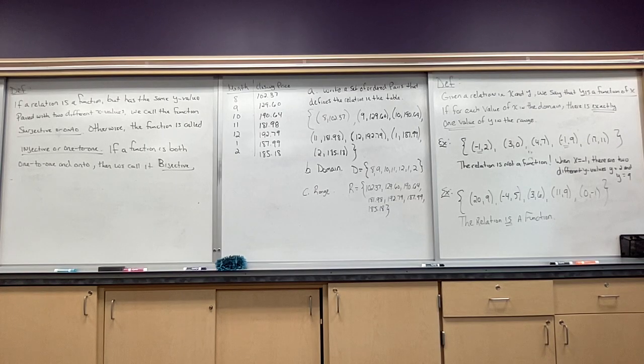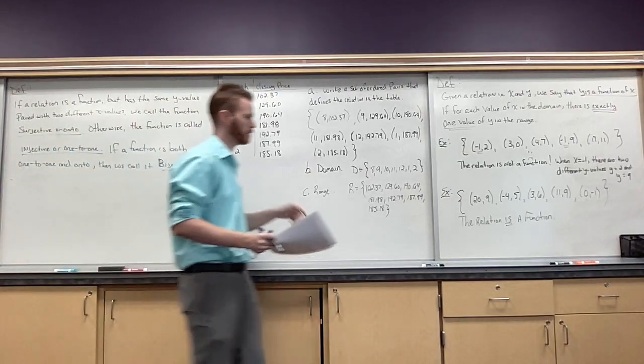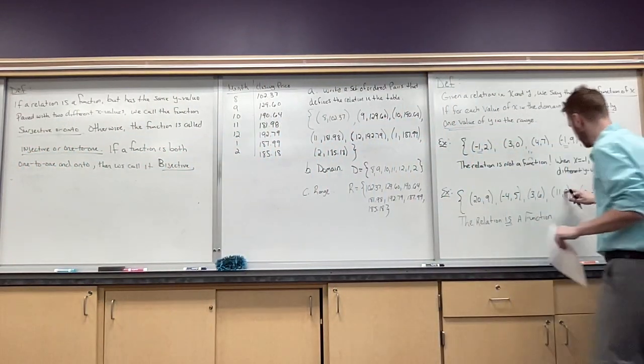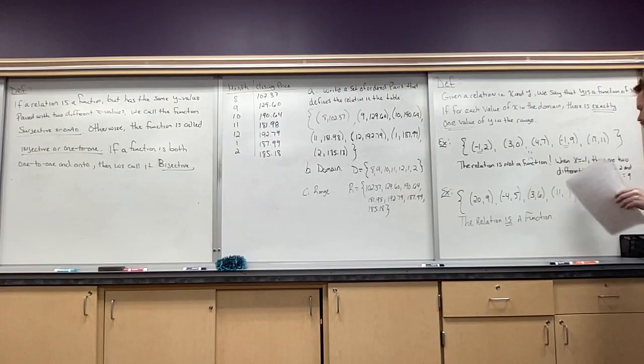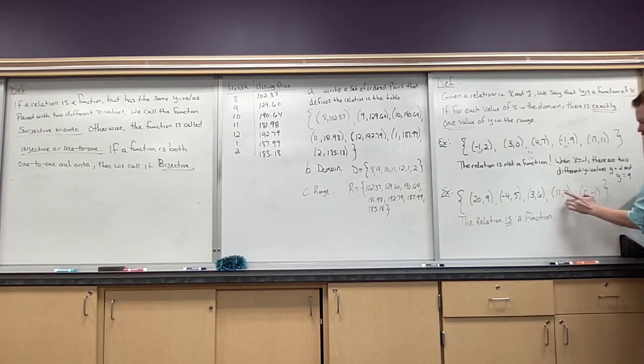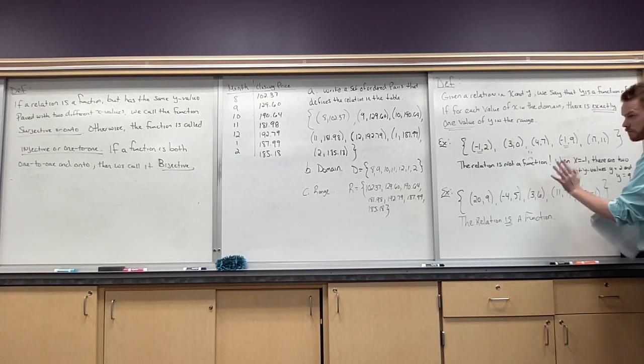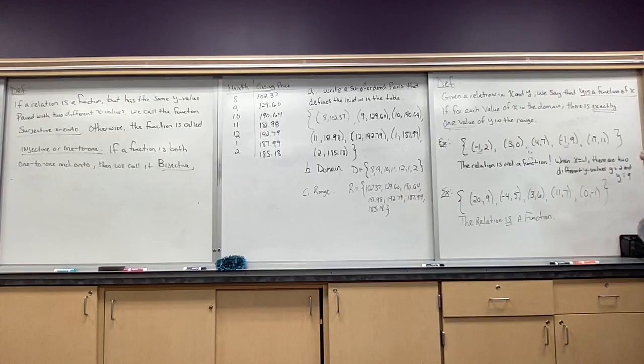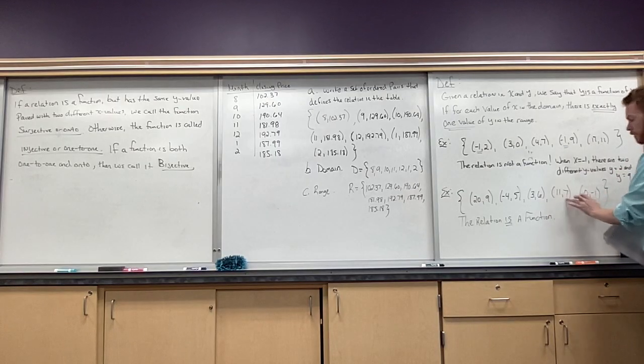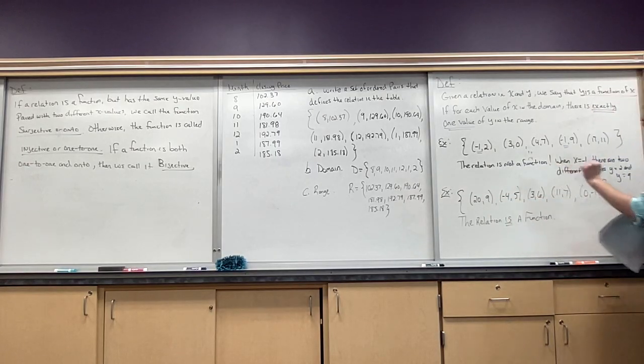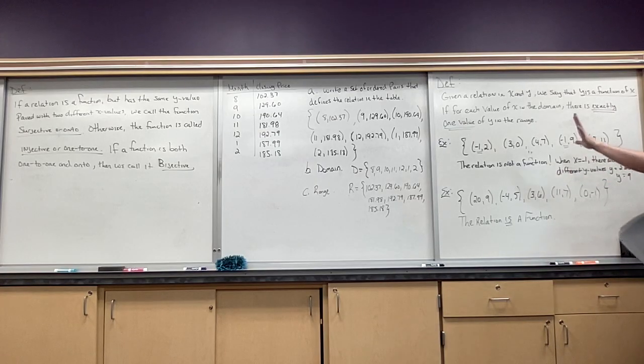So if it's both, well, let's use this example over here as a guide. Let's change that to a 7. So notice every y value is unique, right? You don't see duplicates. So that is injective. It's one-to-one. Now notice that every y value is being paired up. So therefore it's surjective, it's onto. So because it satisfies both, we can call it bijective. Okay?